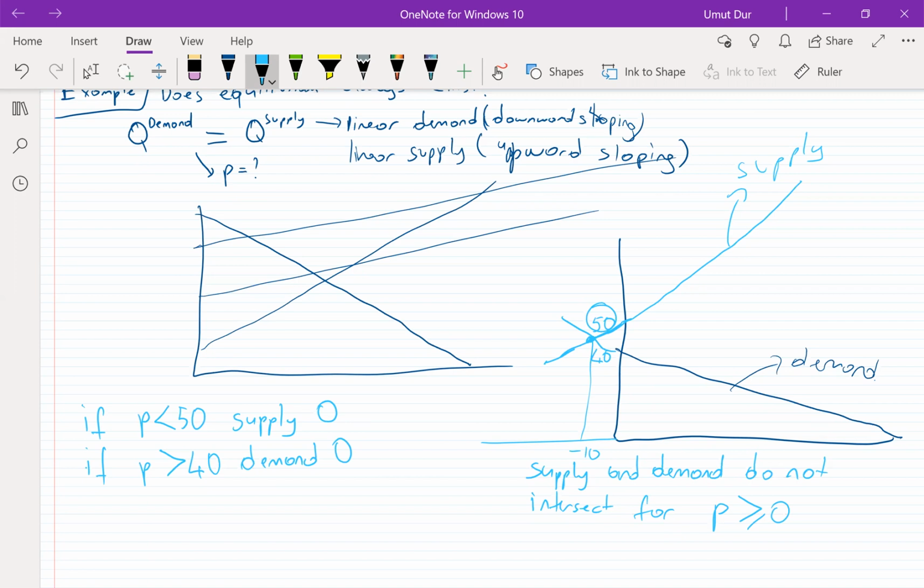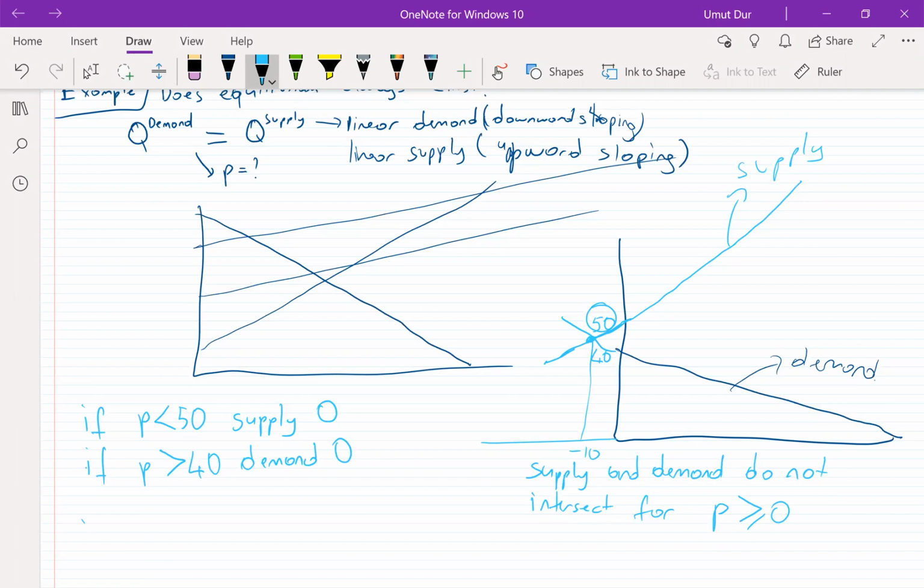Okay, I confused you. Let's forget about the math and the graph. What will be the quantity sold and quantity bought in the market? It will be nothing, right? It will be 0.